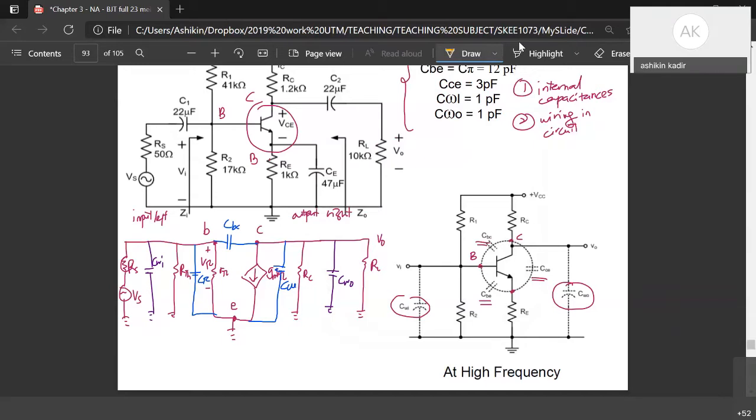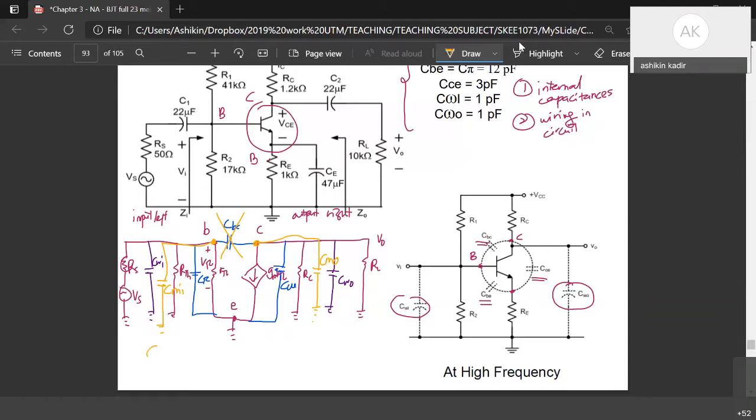So similar input, at the base node you draw another capacitor. And then at the collector you draw another capacitor to the output. So this is similar output. So there is no more CBC, right? Because you already represent it with CMI and also CMO.